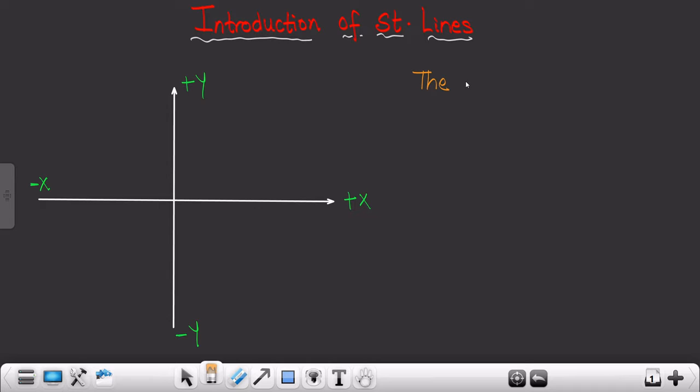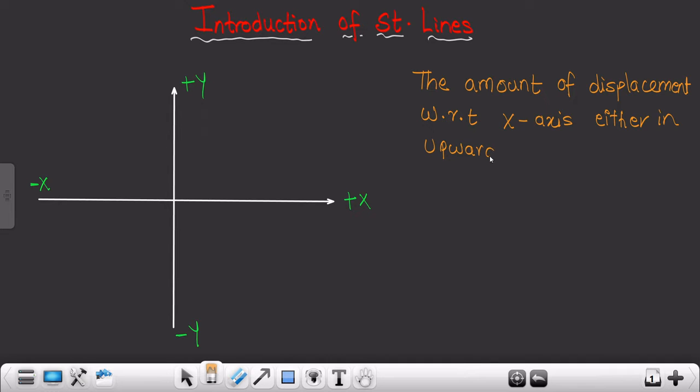The amount of displacement with respect to the x-axis, either in upward direction or downward direction, right, is the value of y.